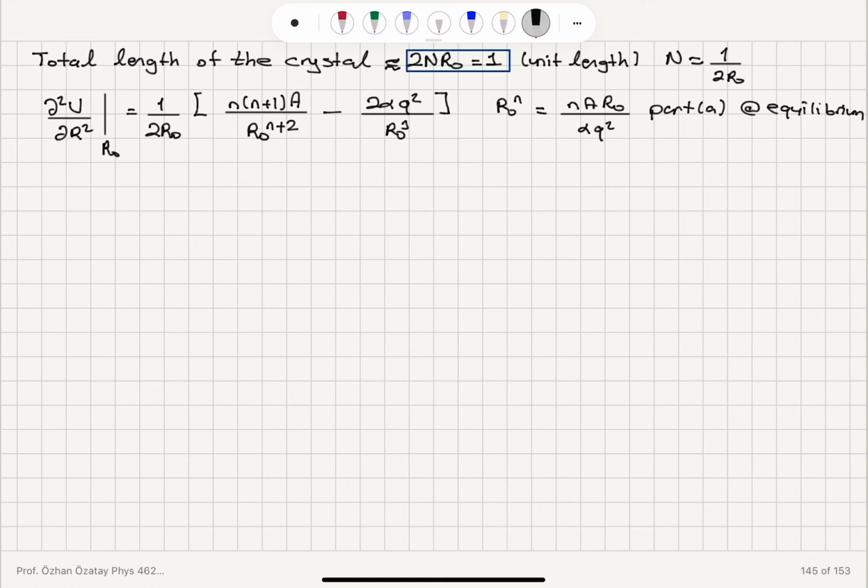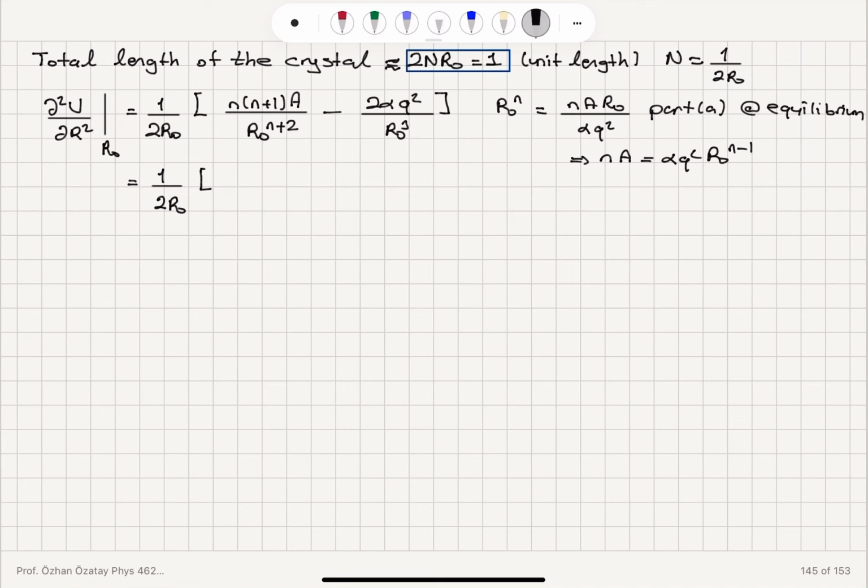So we can use that, and this gives us basically n times a is equal to alpha q square r0 to the power n divided by r0, r0 to the power n minus 1. So this is equal to 1 over 2 r0.